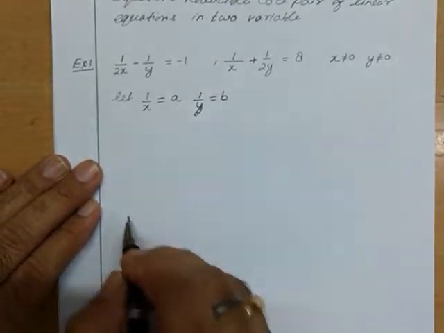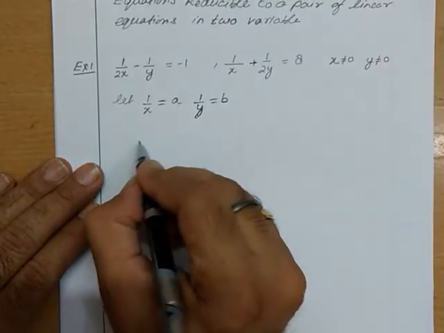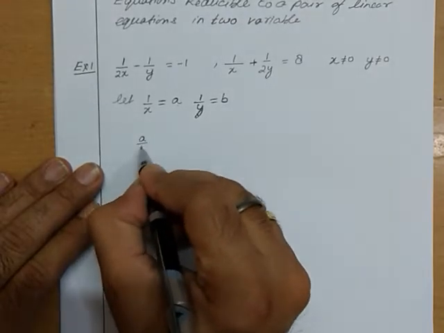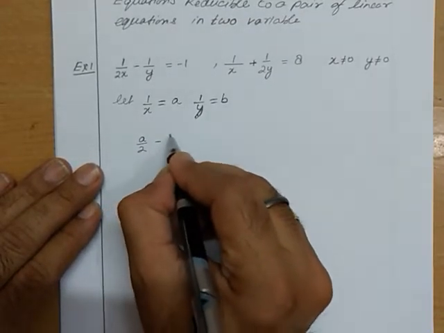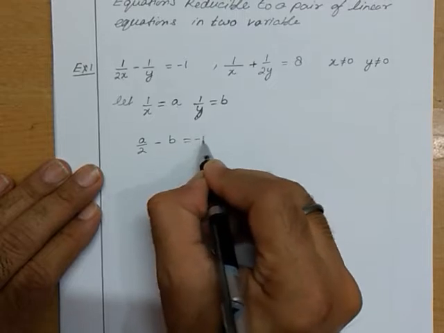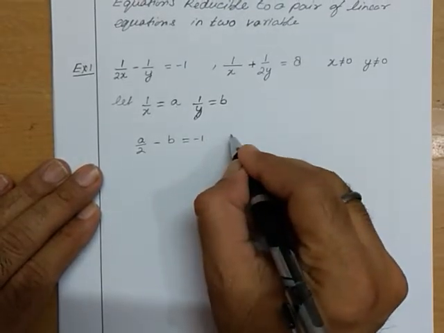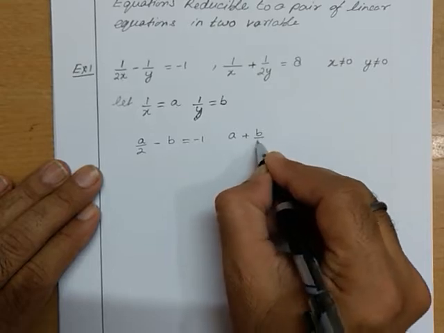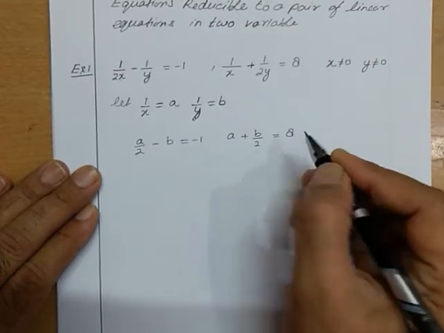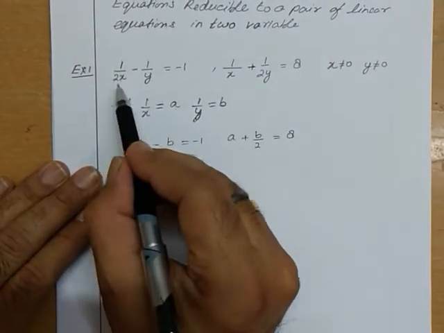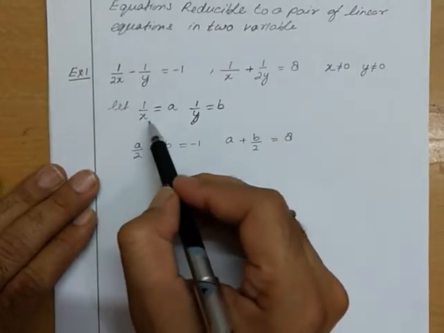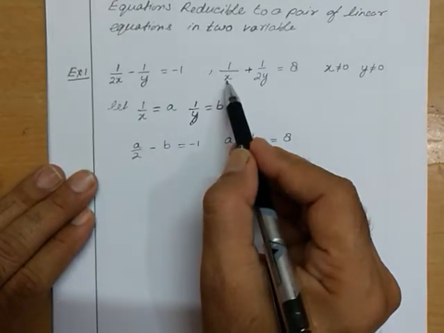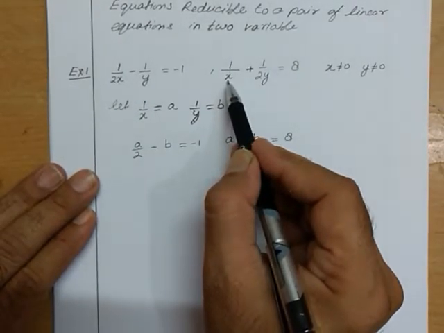So here we take it and then we form the equation. Here it will become a upon 2 minus b is equal to minus 1, and here it will become a plus b upon 2 is equal to 8. Now here it was 2. We will not assume 1 upon 2x as a, because in the other equation it was not 1 upon 2x.